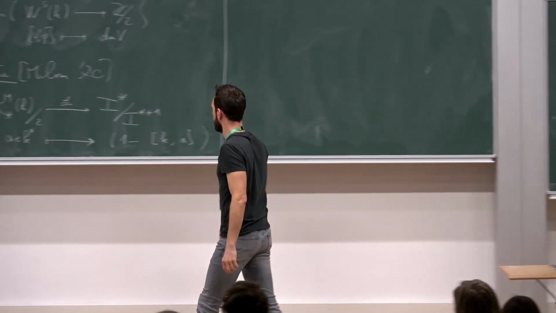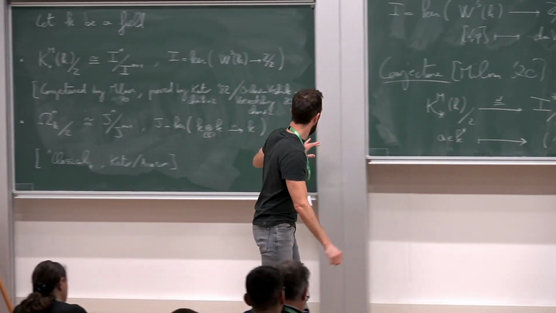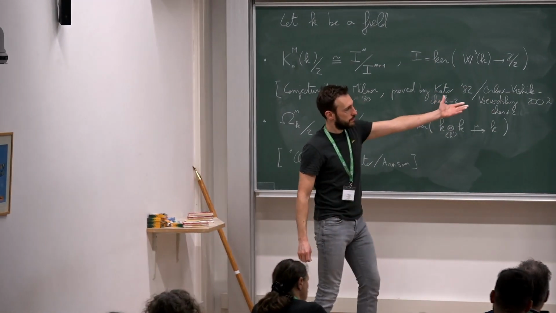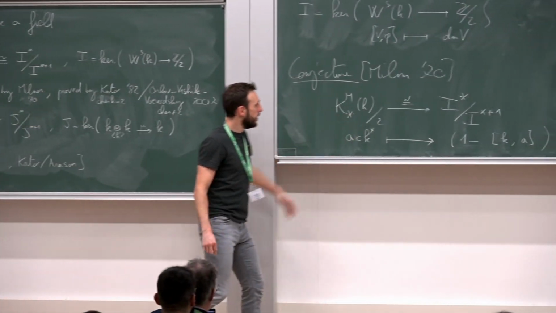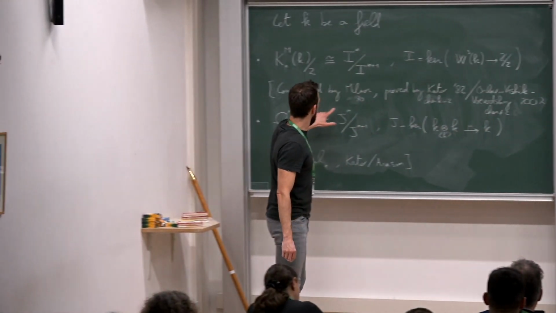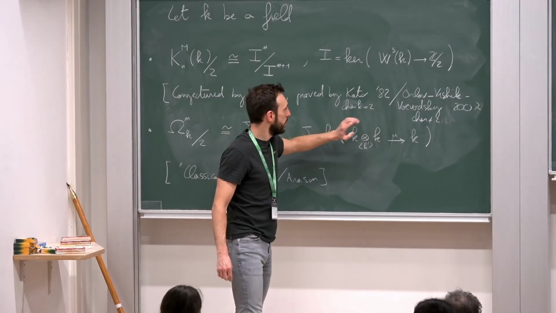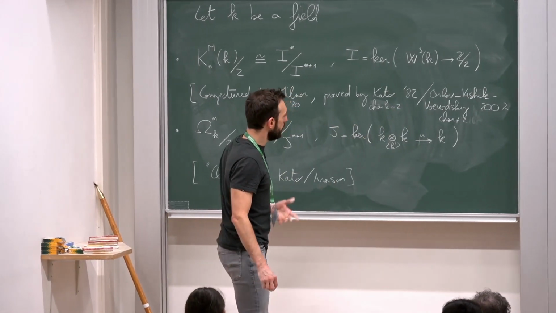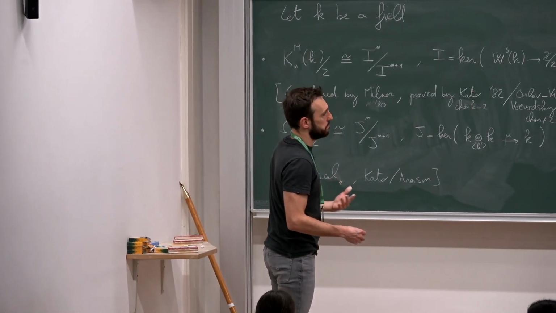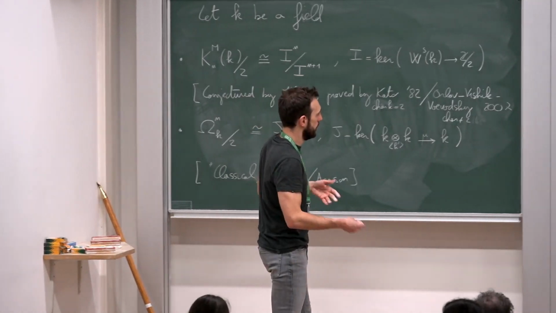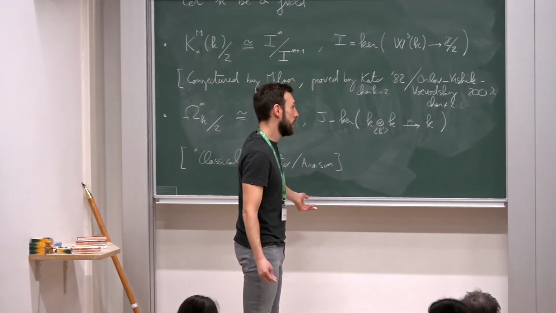And maybe just a few words about the proof. So this makes sense for every field, and it was conjectured in the 70s. It was proved in 82 in characteristic 2, and the proof is relatively elementary. I mean, it's not as simple, but it's somewhat elementary.